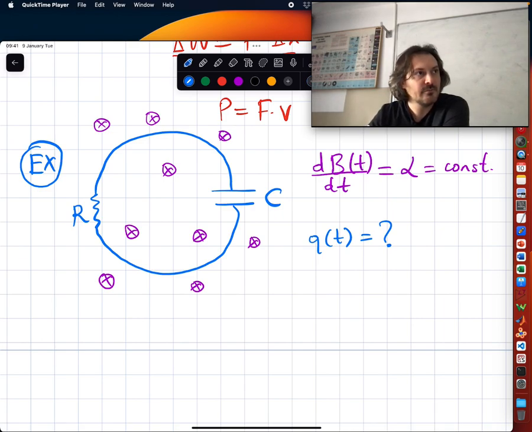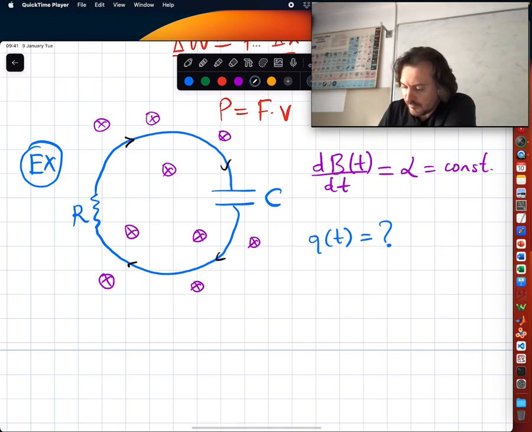Do you remember? So there's a magnetic field coming out, and it is increasing. So the flux is increasing outwards, so the response must be inwards.